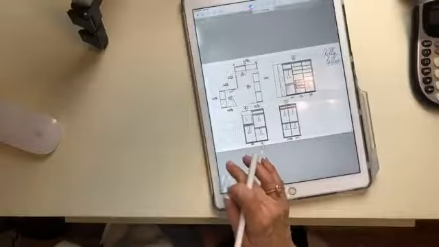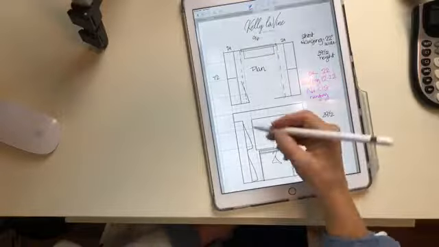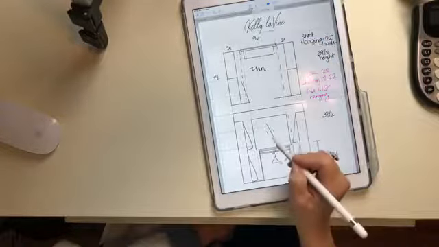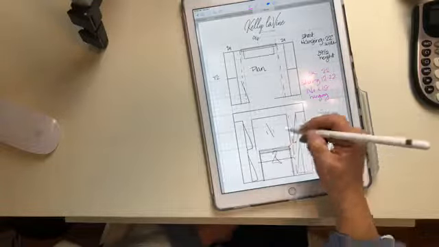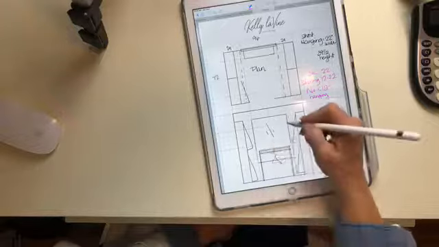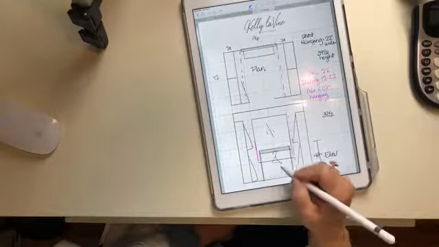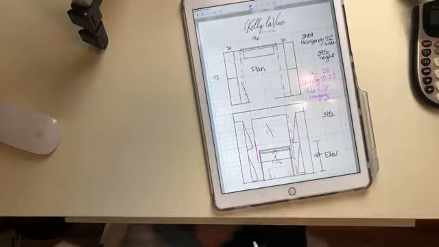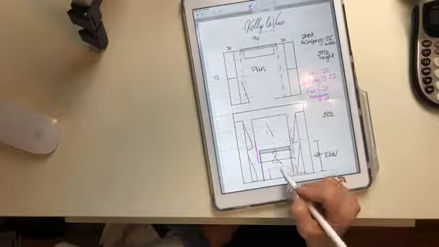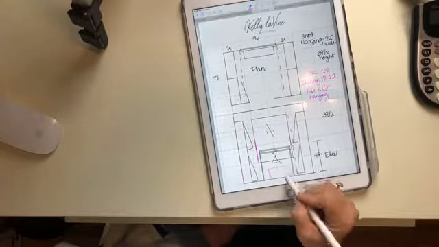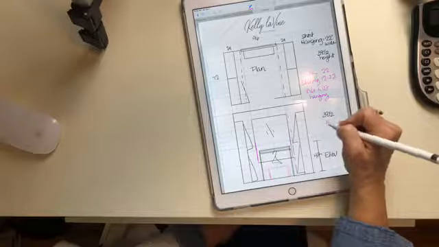If they get too low, let's just say that our window was way down here, which a lot of them are, then your best bet is probably to do a bench down here, something like that. You could get a storage bench or have something built in, but definitely not hanging if you've got a window that's coming lower than 42 inches.